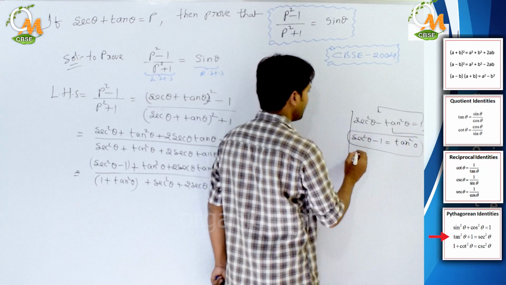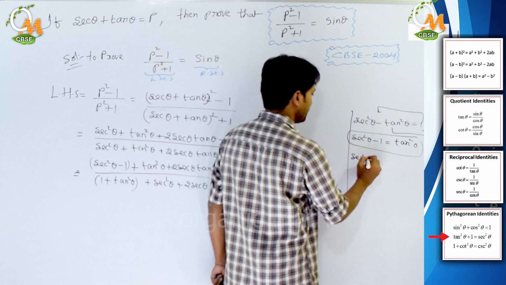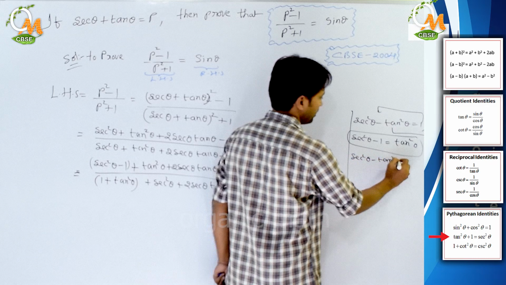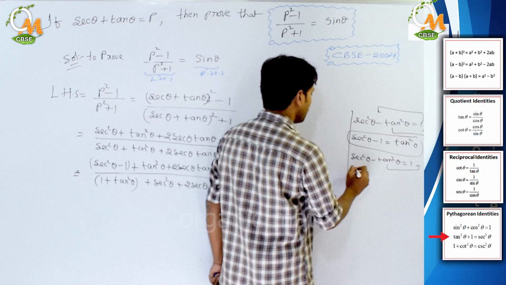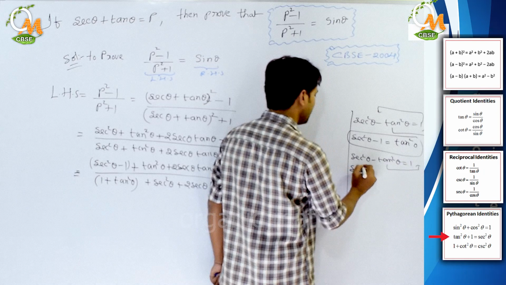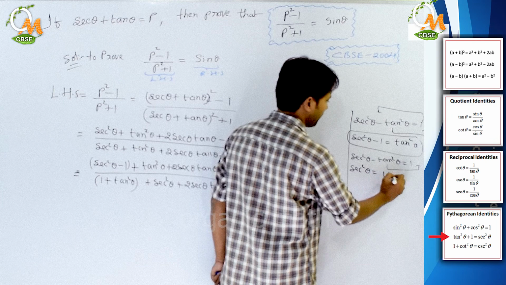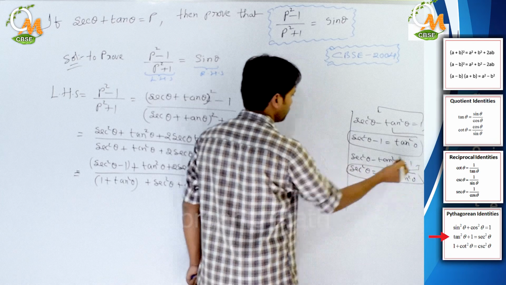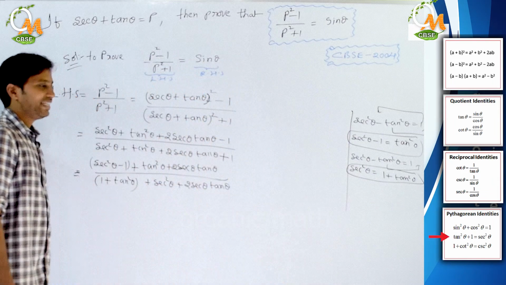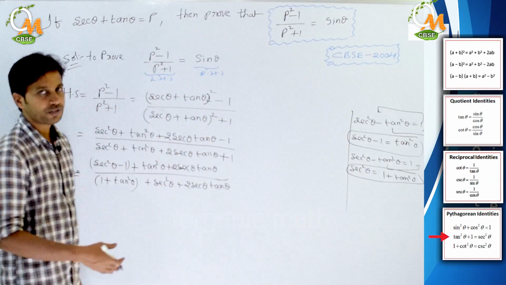Okay, and another part, secant square theta minus tan square theta equal to 1. Now take this tan square theta to another side and leave it as it is. Secant square theta equal to 1 plus tan square theta or not? These are the two relations. Means we wrote secant in terms of tan, tan in terms of secant.